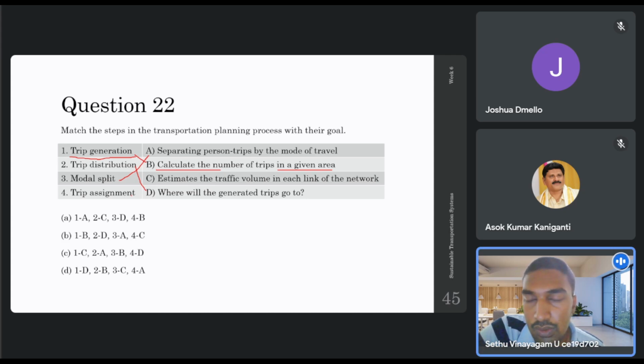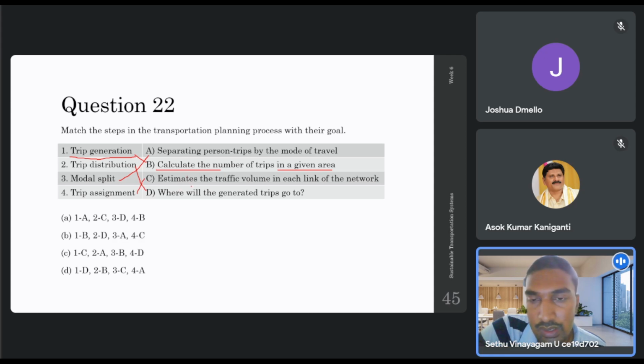For that we need to assign these trips to different routes. If they are assigned to a route, we know exactly which links in the network these trips will be going on, and based on the volume we will know the total volume on each link. To do that, we need to assign these vehicular trips onto the network. That is done in the trip assignment stage. So 4 is option C.